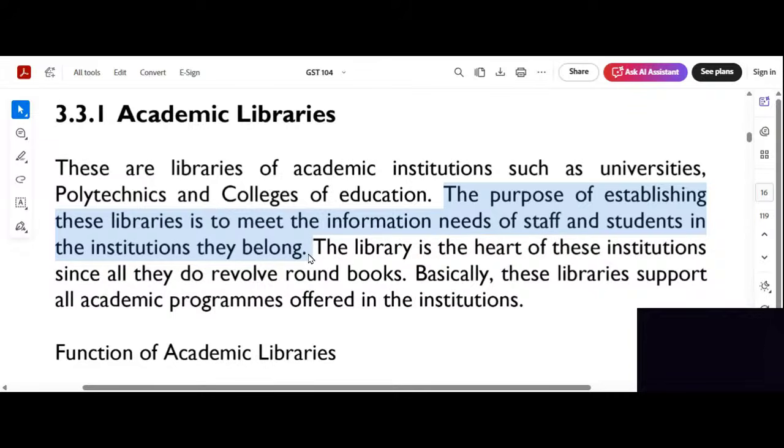This is the one they usually ask you in TMA and exam, that such a library was established to meet the academic needs of staff and students of the institution they belong to.